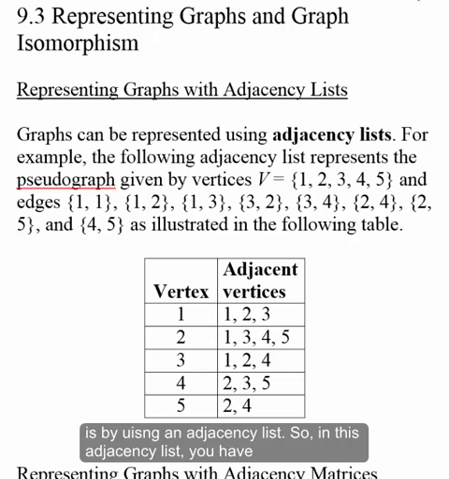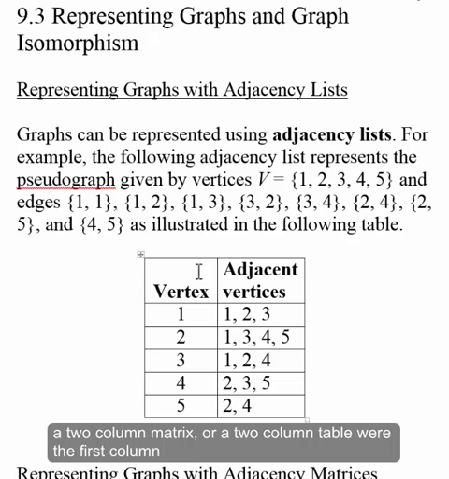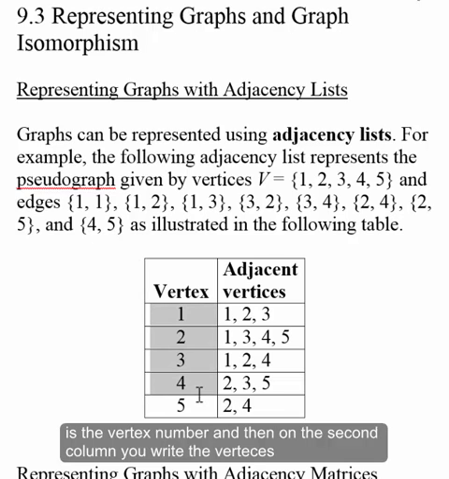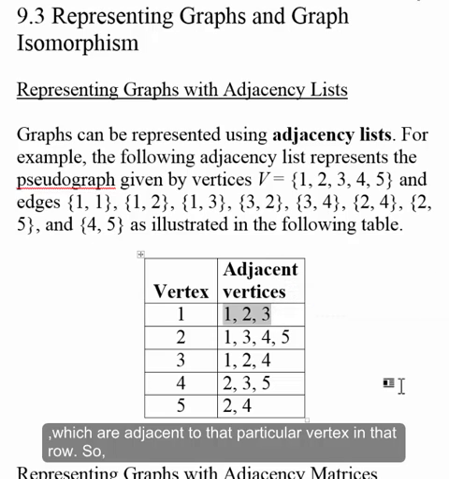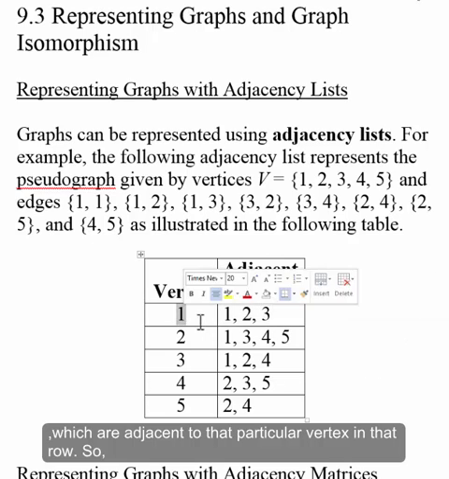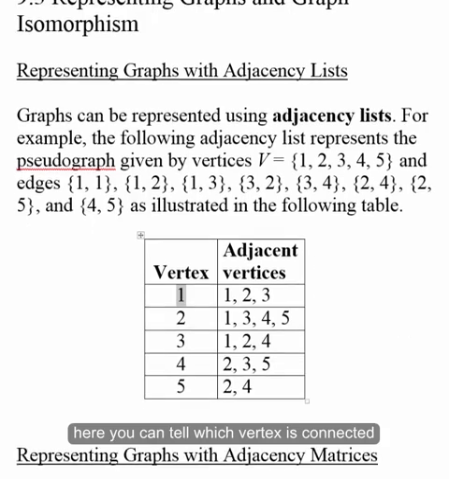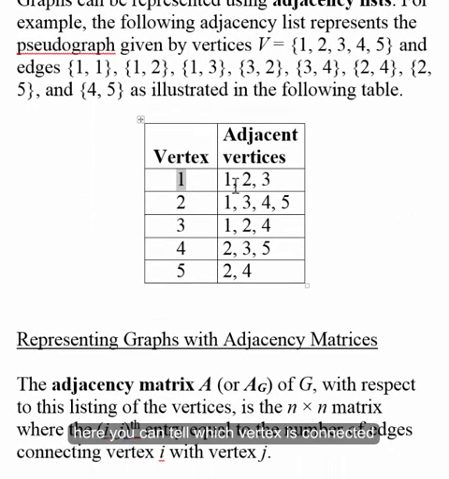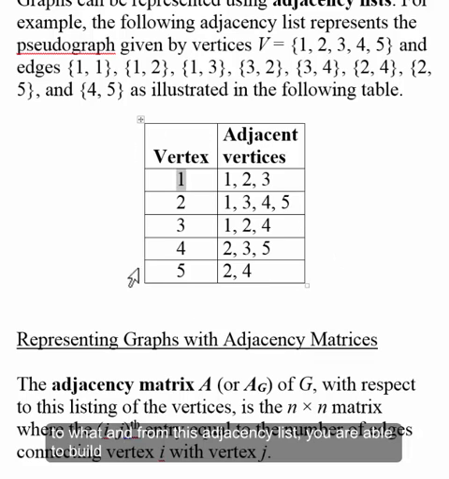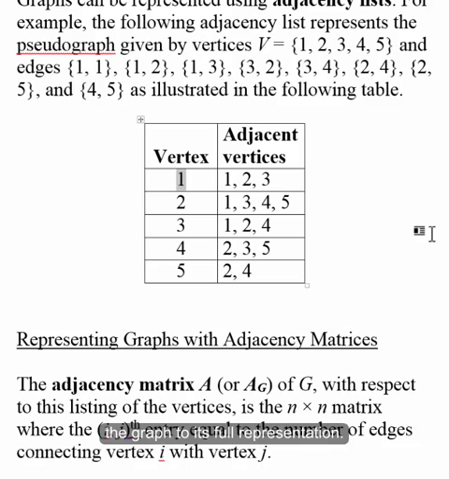In this adjacency list, you have a two-column table where the first column is the vertex number, and then in the second column you write the vertices which are adjacent to that particular vertex in that row. So here you can tell which vertex is connected to what, and from this adjacency list you are able to build the graph to its full representation.